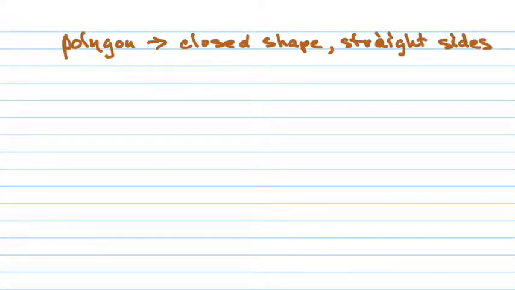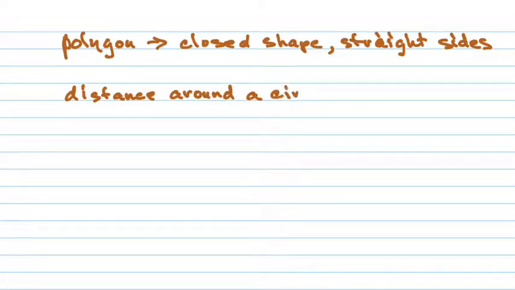Well, what we're dealing with is a circle. It is closed, right? But what does it not have? Straight sides. So it doesn't have perimeter. Instead, the distance around a circle is called circumference.